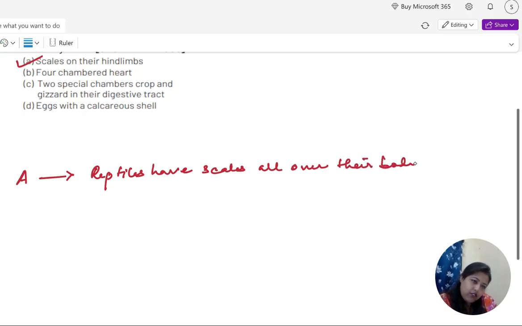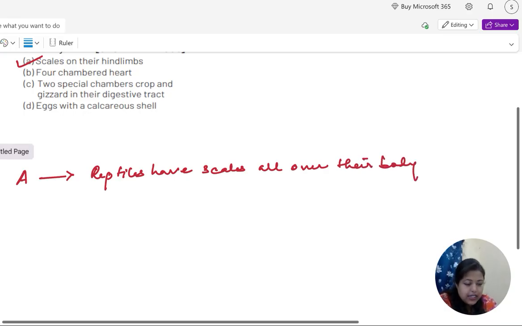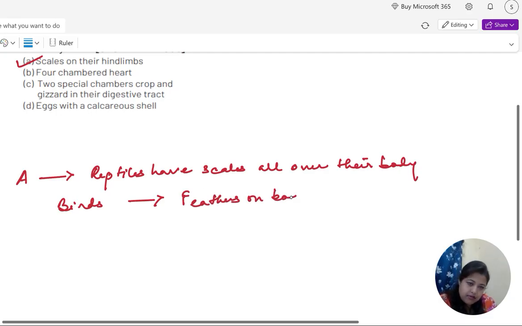Now I will say birds have got feathers. Yes. Reptiles have scales all over their body, and birds have feathers on the body, but scales on legs and hind limbs.